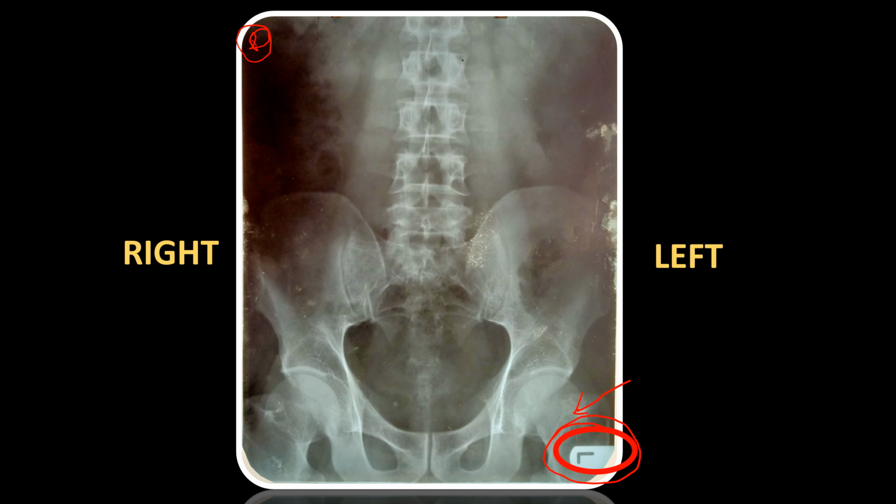The observer should hold the X-ray in such a manner that the right side of the X-ray remains on the left side of the observer and the left side of the X-ray remains on the right side of the observer.